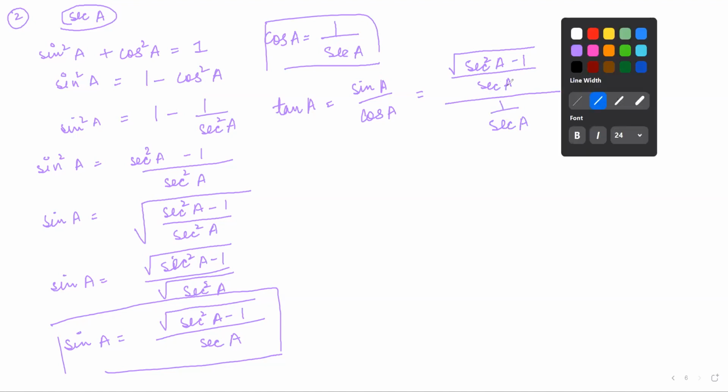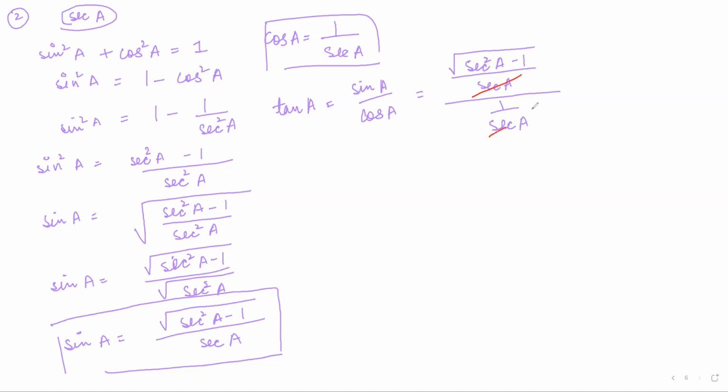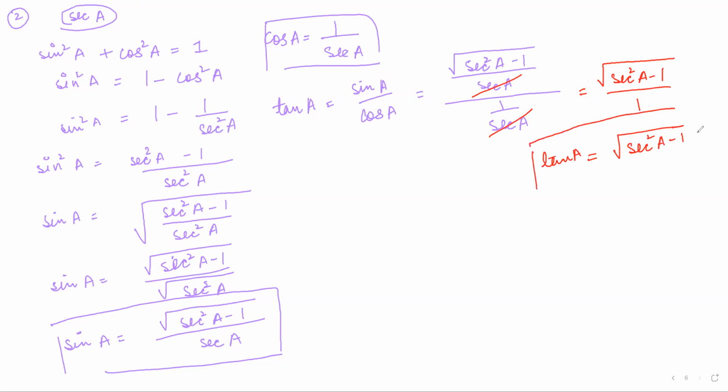Both the denominators are the same, so they cancel out. You are left with the square root of sec square A minus 1 divided by 1. So that is tan of A. I have found tan of A also, right?